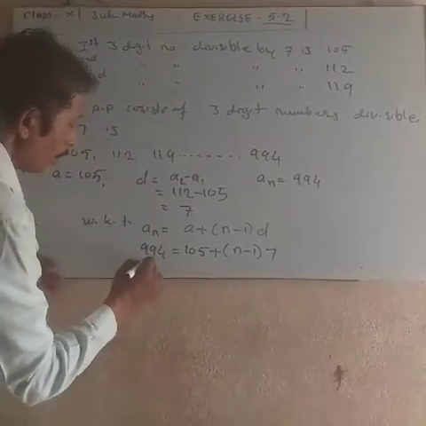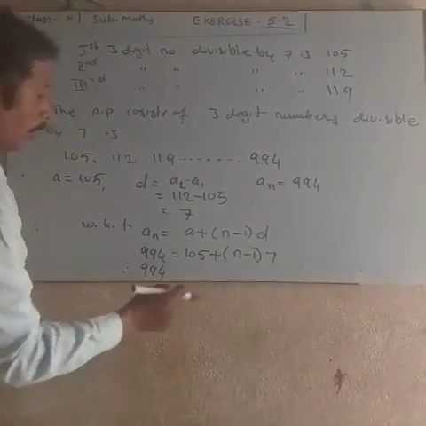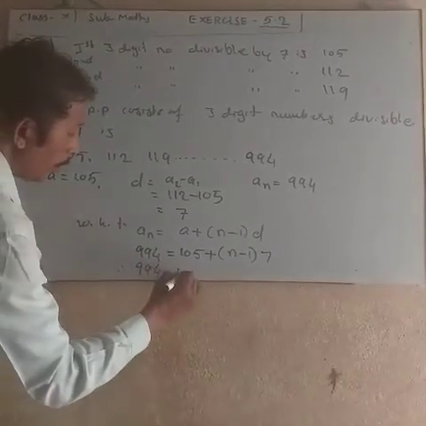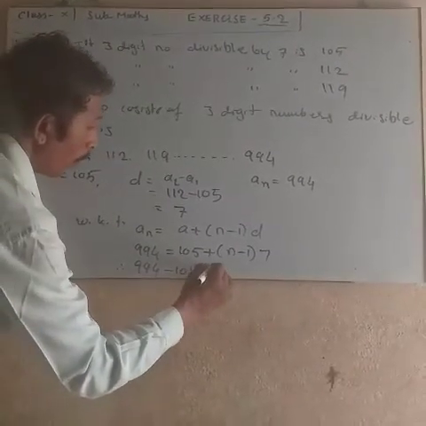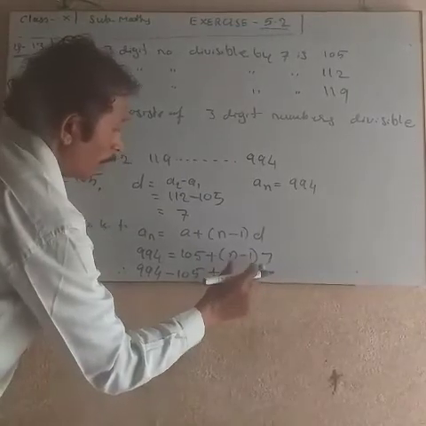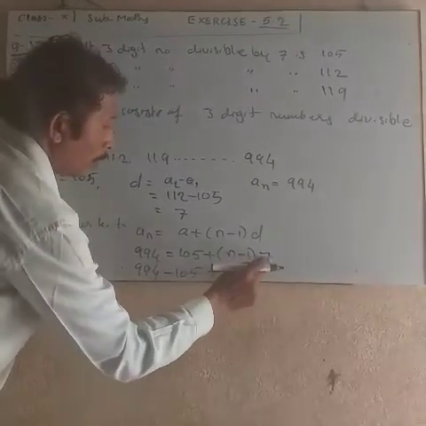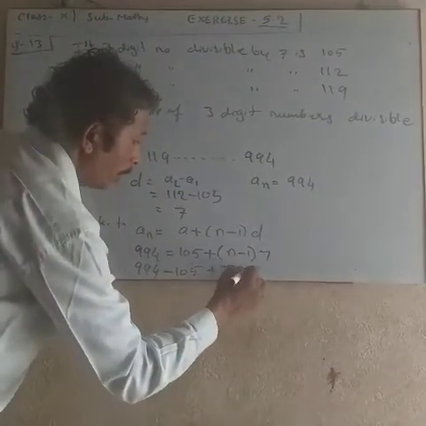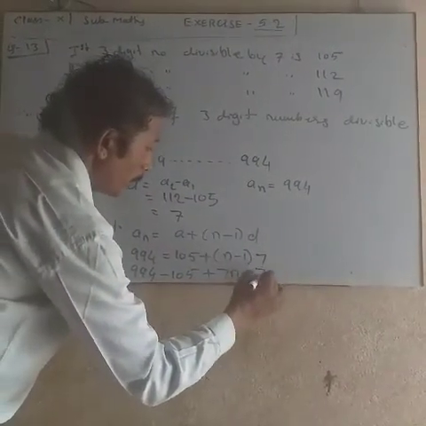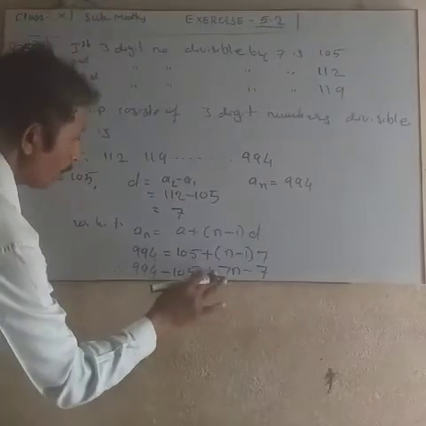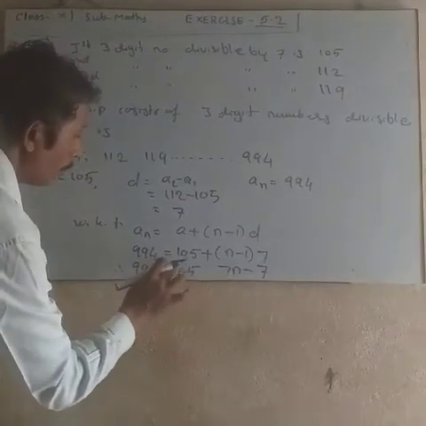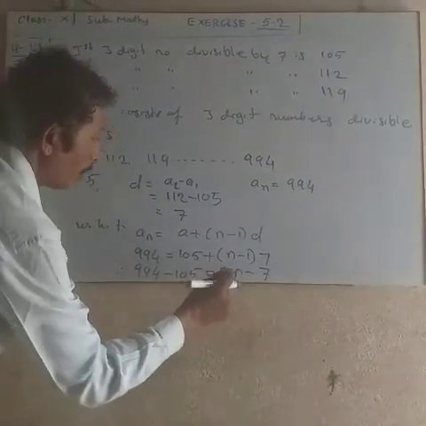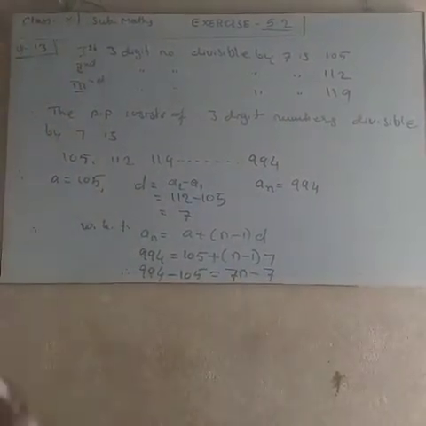Therefore 994, taking 105 to the left side, becomes minus 105, equals 7n minus 7.